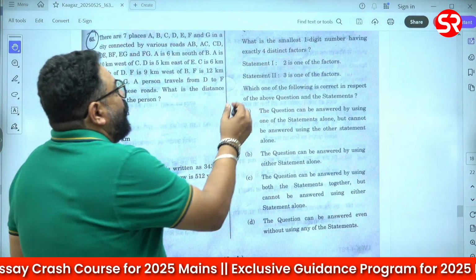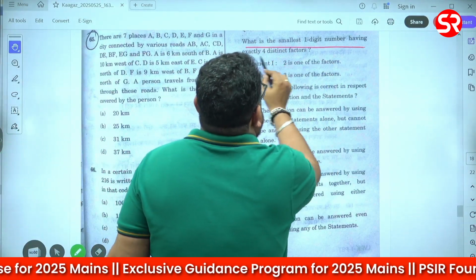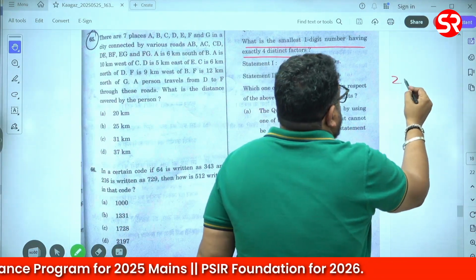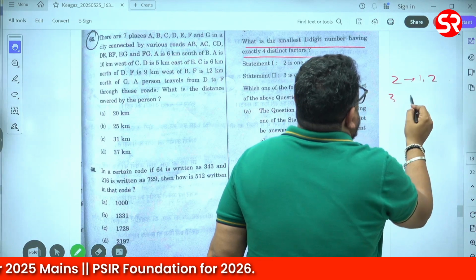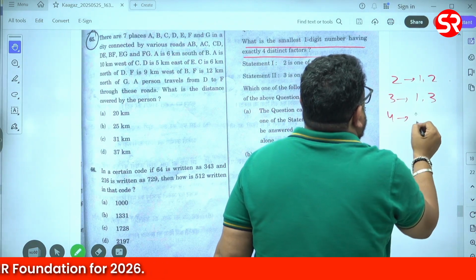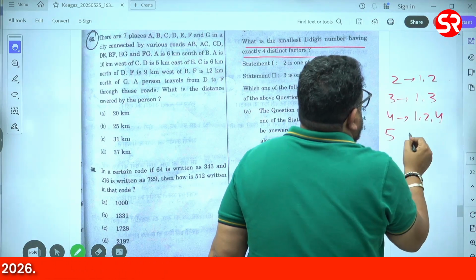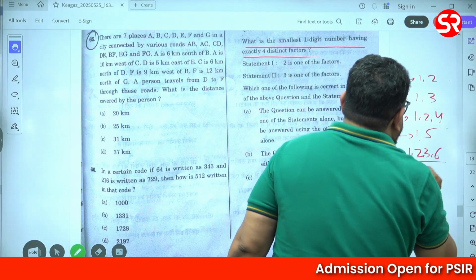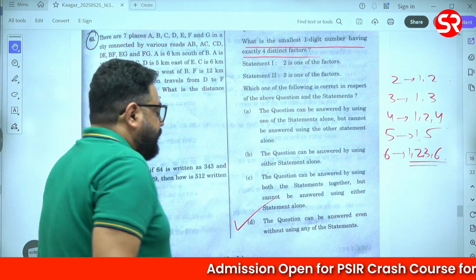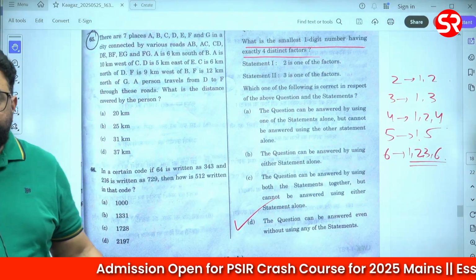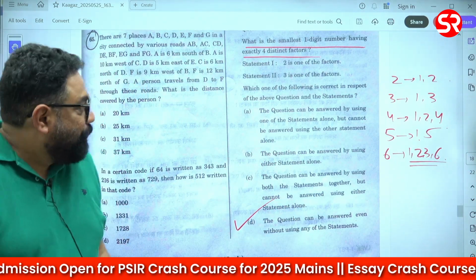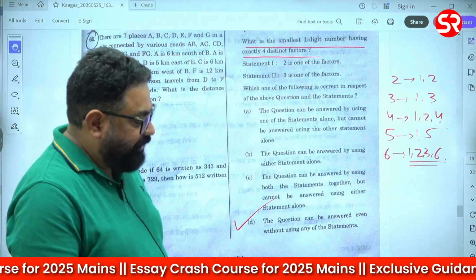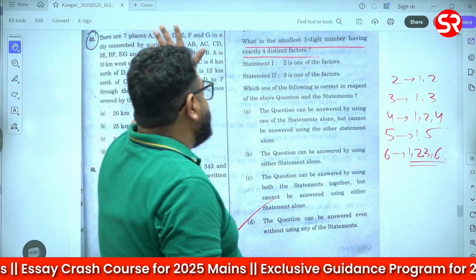He says, what is the smallest one-digit number having exactly 4 factors? 2 के factors हैं 1 and 2. 3 के factors हैं 1 and 3. 4, 1, 2 and 4. 5 के factors हैं 1 and 5. 6 के factors हैं 1, 2, 3 and 6. So the question can be answered without using the statements. Smallest single digit number 6 है यार, 4 factors होते हैं, बात खत्म. You don't require these statements. Statements की जरूरत ही नहीं, right?